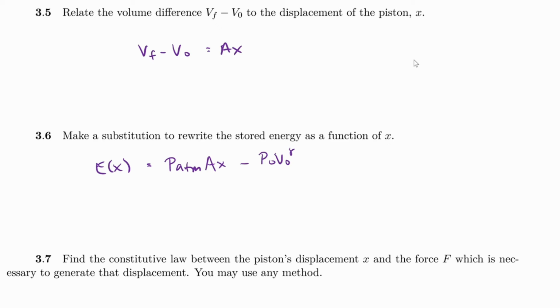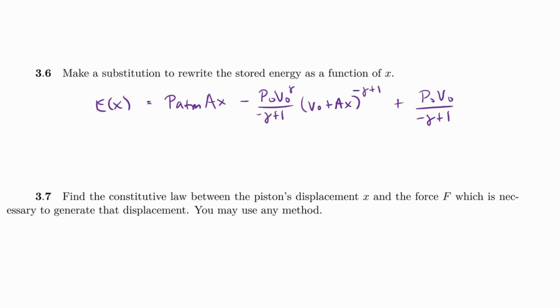So we solve equation 3.5 for V final and plug it into the energy equation that we found in the previous step. We get P atmosphere times A times x minus some constant terms times quantity V0 plus A x raised to the power of minus gamma plus 1, and then plus our constant terms at the end.